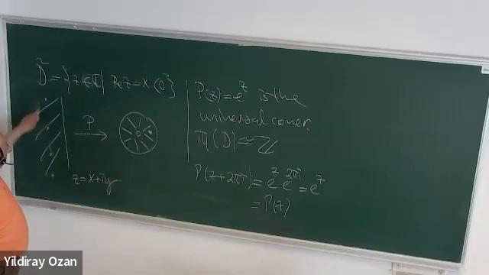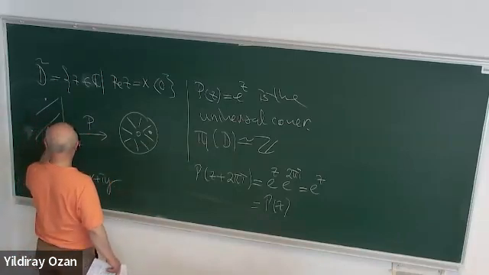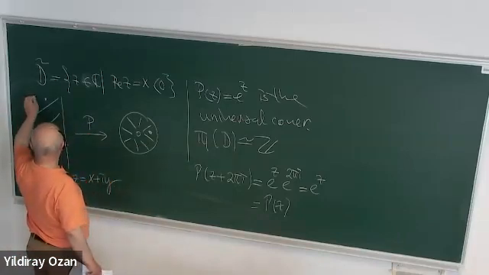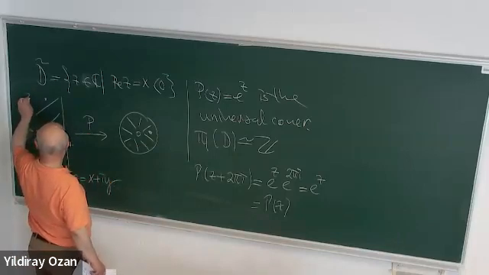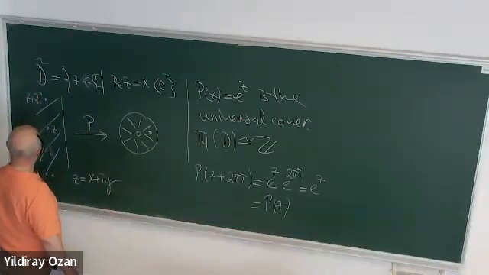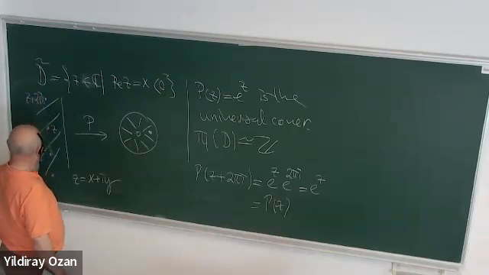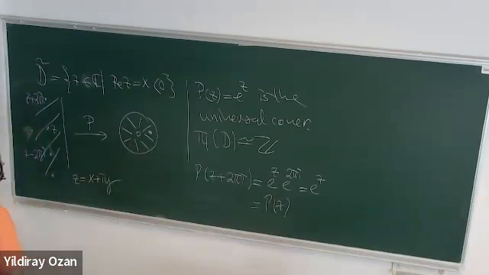So the imaginary parts are just, let's say this point is Z. This is Z plus 2 pi i. This is Z minus 2 pi i, and so on, okay?